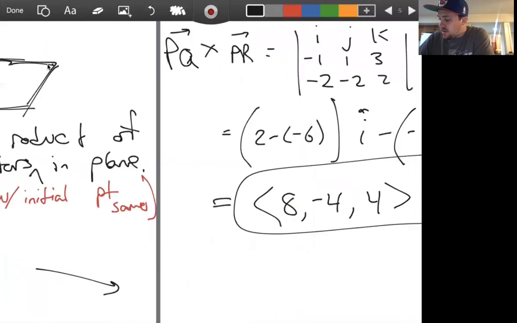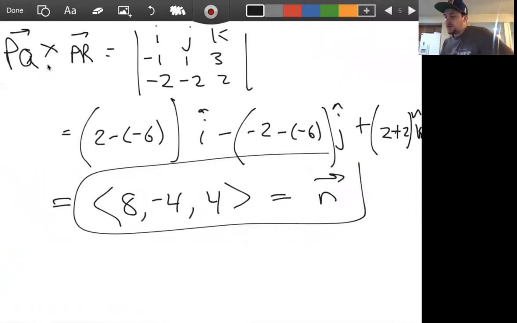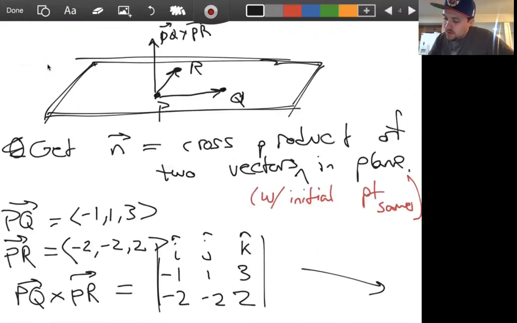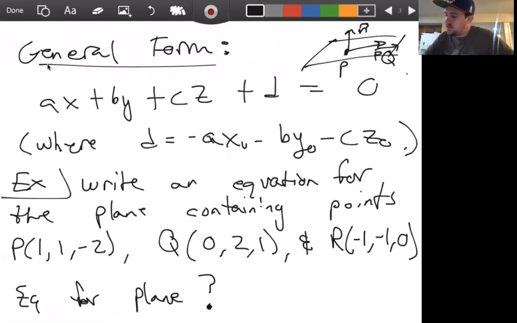Or instead of having to memorize the formula, we can just take the normal vector and then dot x minus our point, and say we picked base point P. So let's use the point P, which was 1, 1, -2.